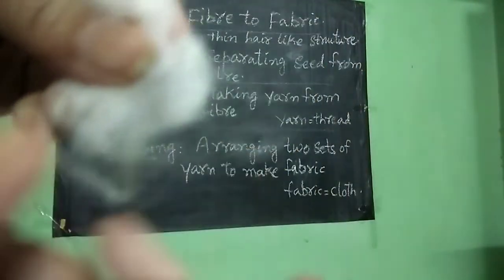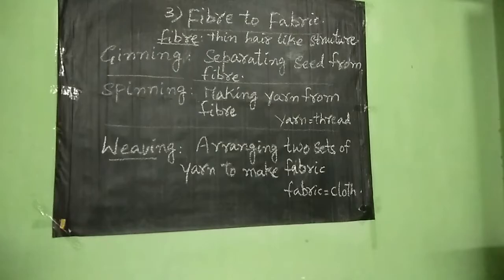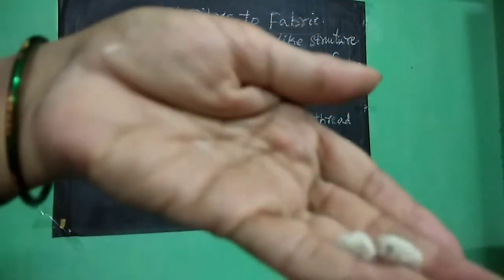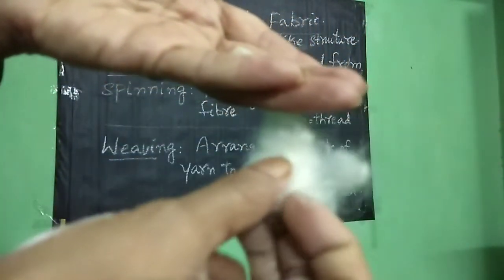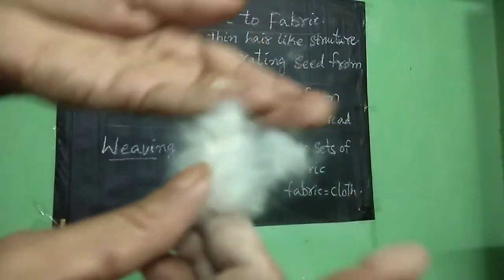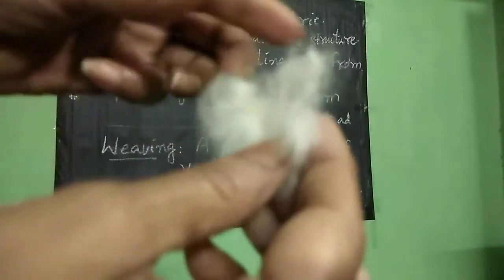These are all fibers. Removing the fiber from the seeds, separating seed and fiber like this is called ginning. Now after that, making it soft and putting all the strands together is called combing.